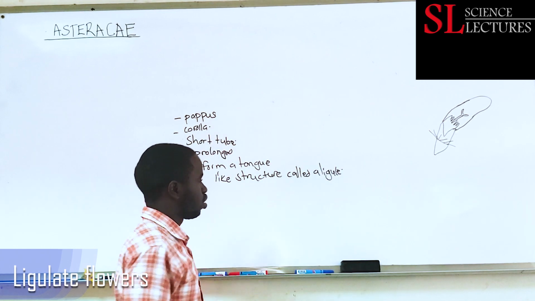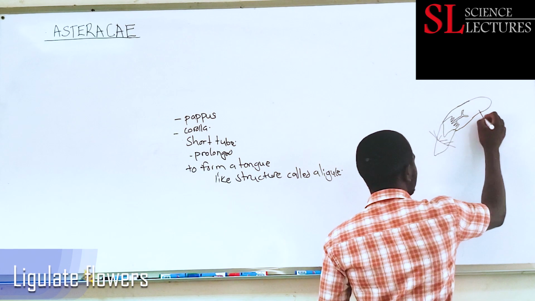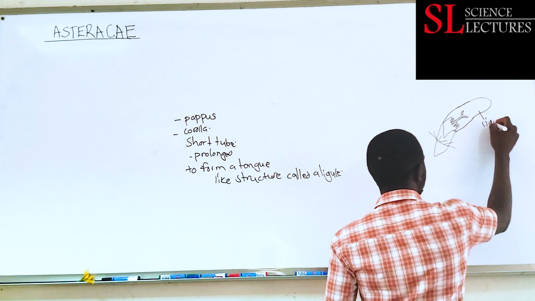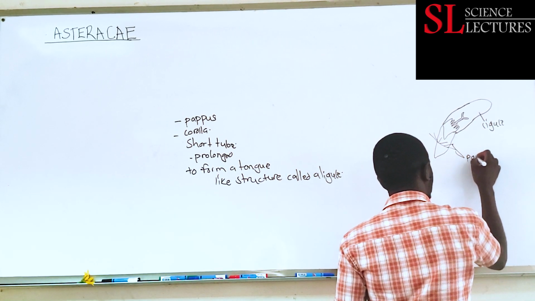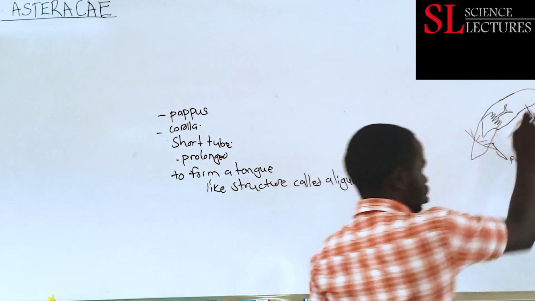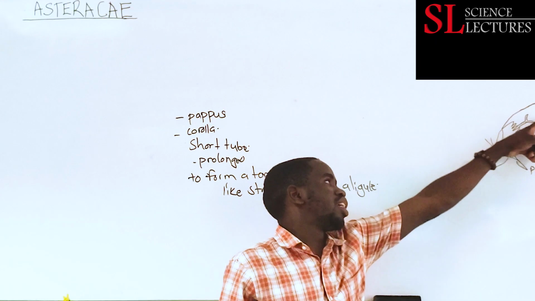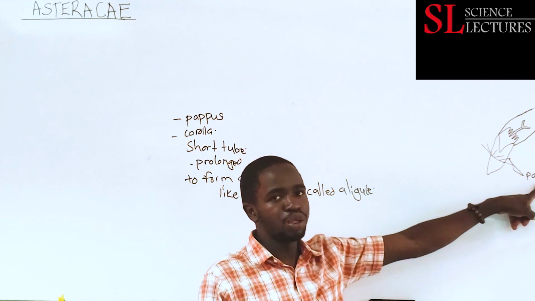So this is our ligule, and this is our calyx or pappus.